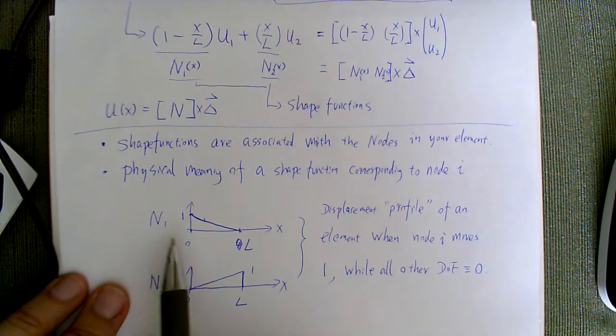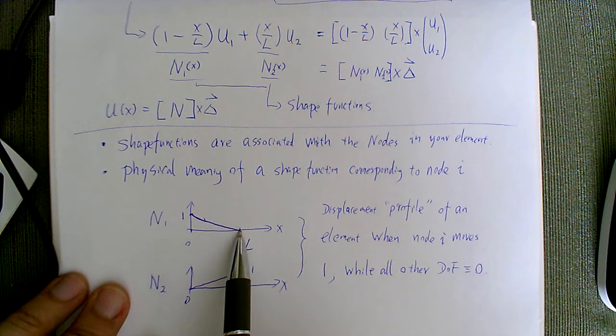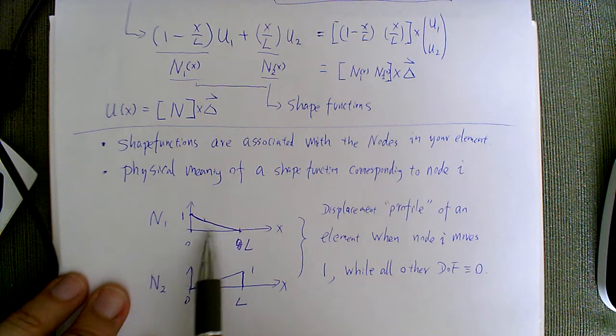So basically, if you just move the first node 1 and then keep number 2 at 0, this will be the displacement profile at the points inside that body, and then so vice versa.